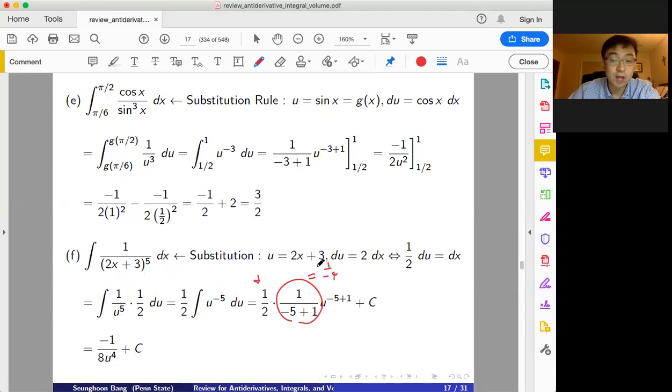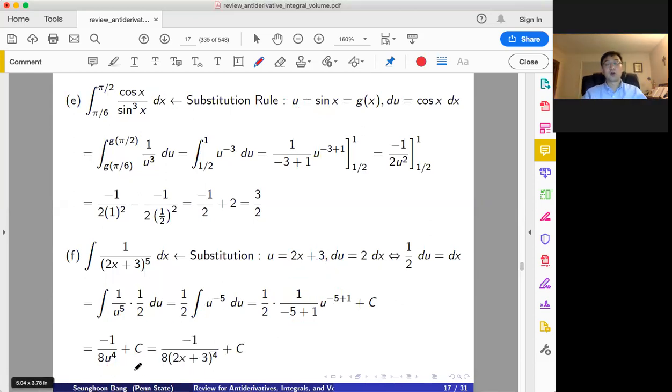The 1 over 2 times 1 over minus 4 is negative 1 over 8. u to the minus 5 plus 1 is u to the negative 4, exactly the same as 1 over u to the 4. Next, change back. You plug 2x plus 3 into u. So we have negative 1 over 8 times (2x plus 3) to the 4, plus c.